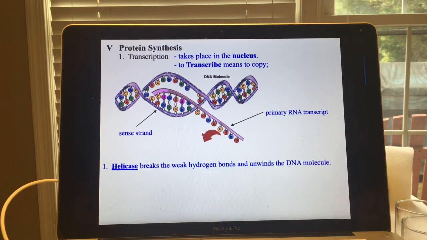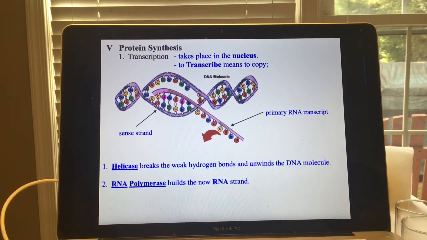So the first thing that happens is that helicase, which is an enzyme you're familiar with, breaks the weak hydrogen bonds and opens up the DNA molecule. It is the same enzyme that's used for DNA replication, and it acts on the DNA helix. The next enzyme involved is RNA polymerase.